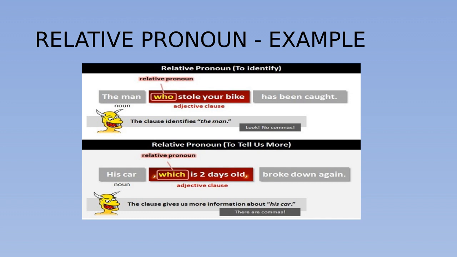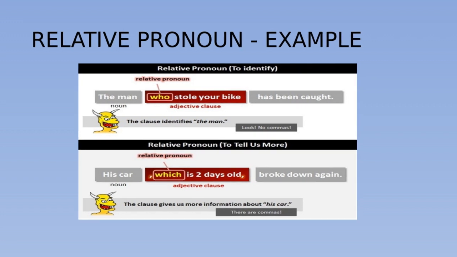If you look at that first one there, the man, and then it would be comma, who stole your bike? That's describing. That's a descriptive phrase, has been caught. So comma after the man, comma after bike. So his car, comma, and then comma.